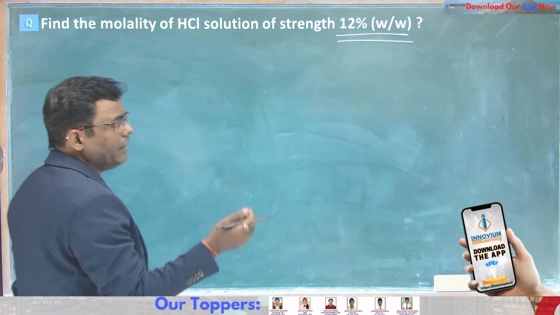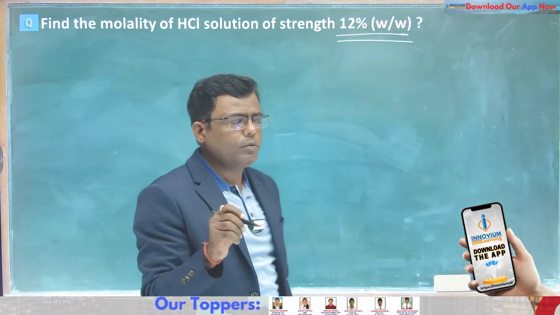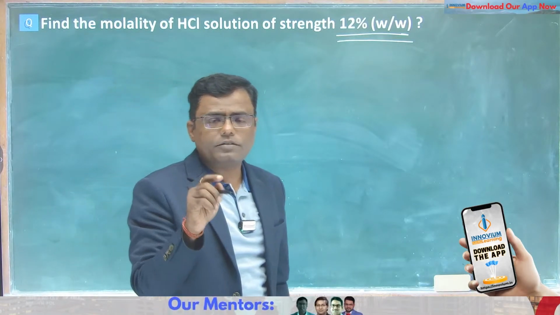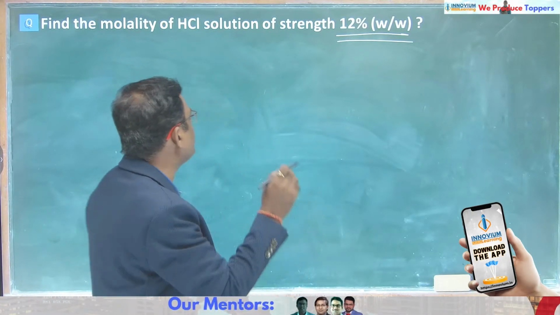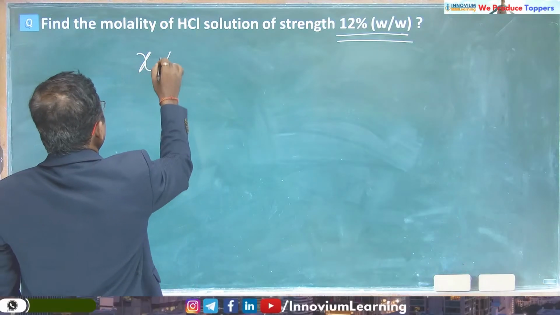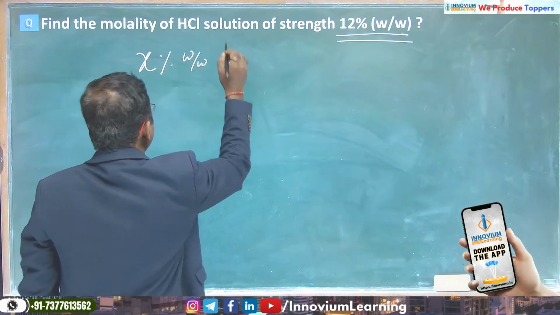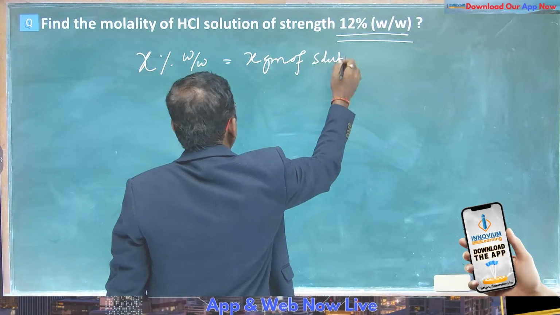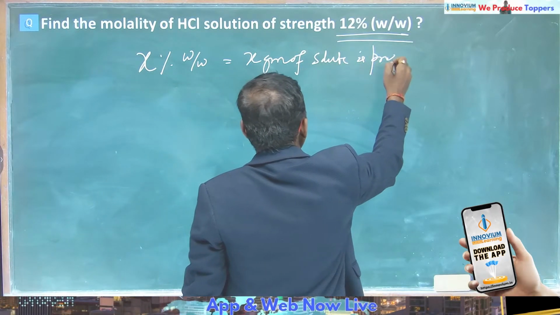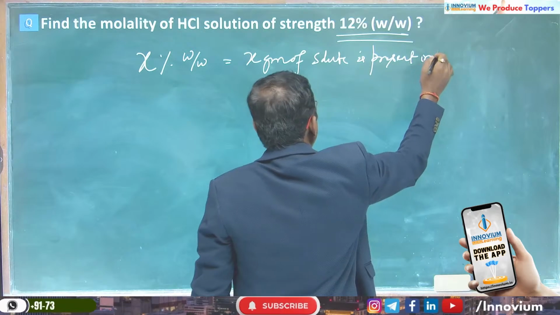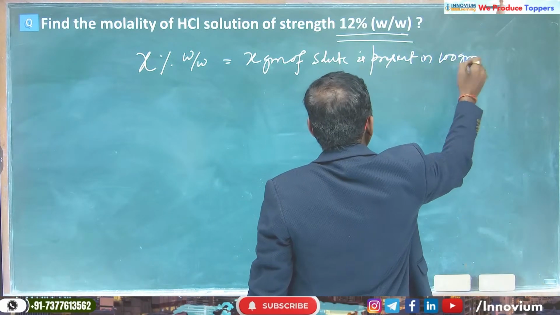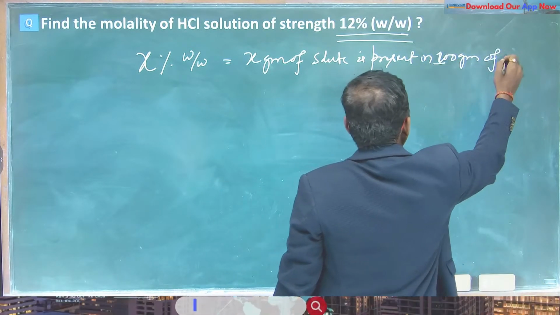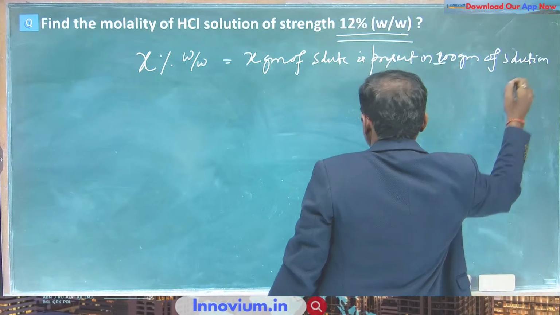So if the strength is given as X% W by W, it means X gram of solute is present in 100 gram of solution.